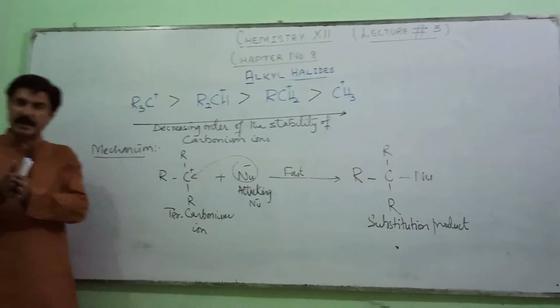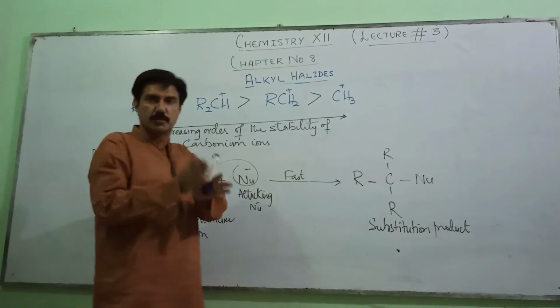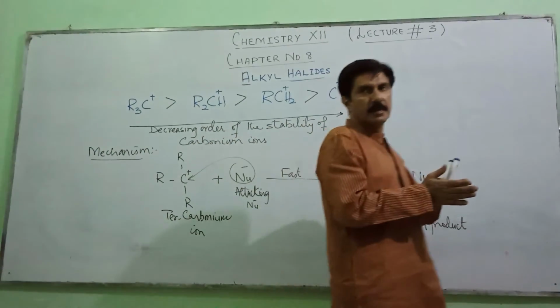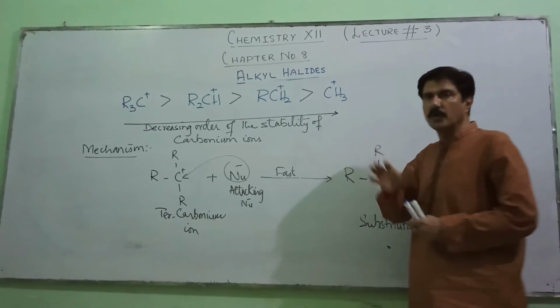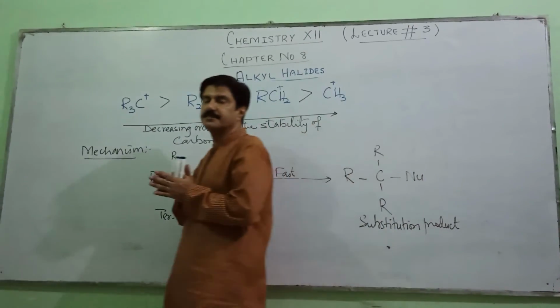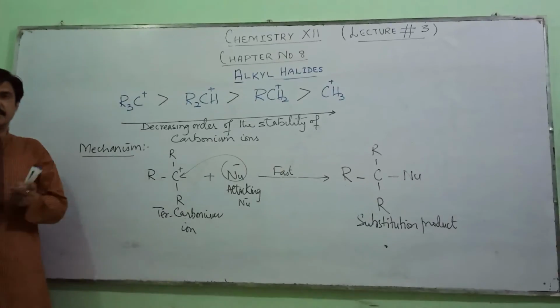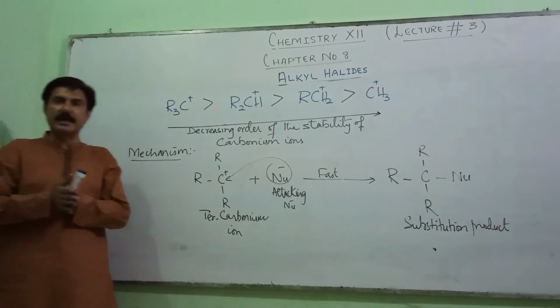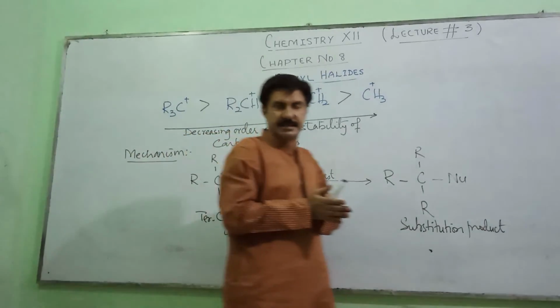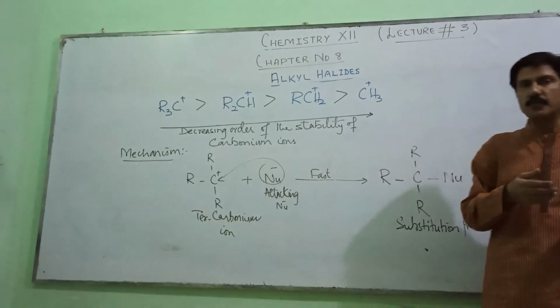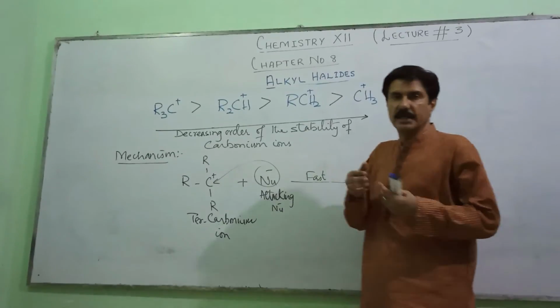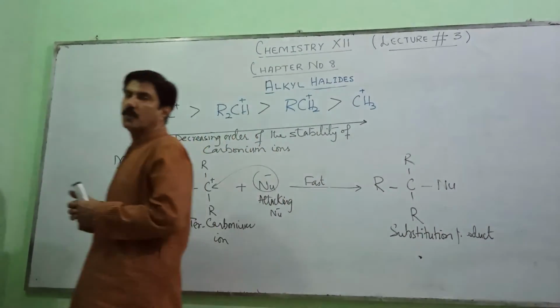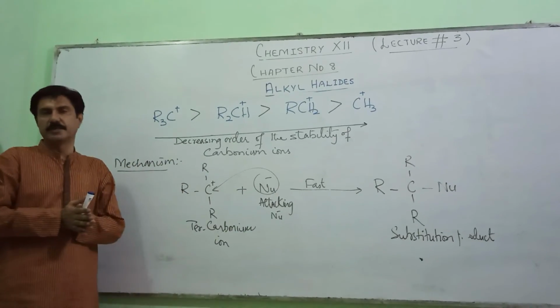If the secondary alkyl halides react using a non-polar or non-ionizing solvent, they will go through the SN2 mechanism. While if the secondary alkyl halides are reacted in the presence of ionic or polar solvents, they will go through the SN1 mechanism.